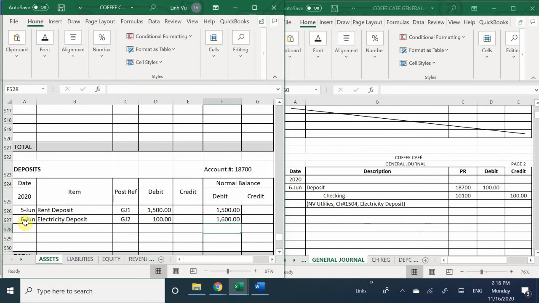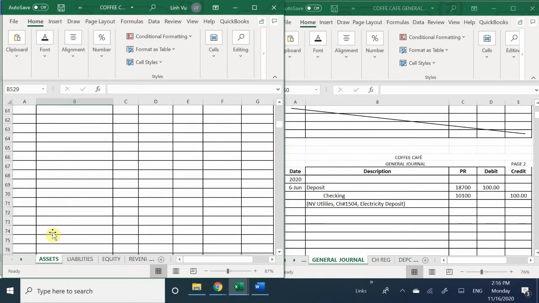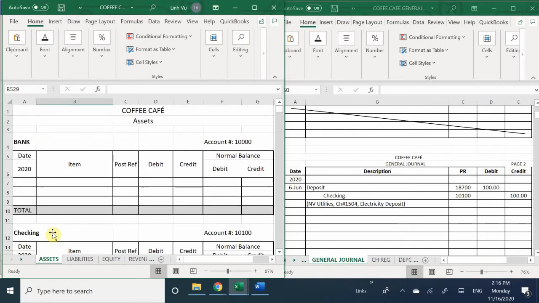Okay, so the last thing that we need to do is credit our checking account. Scroll all the way up, or you could press your home key and it will take you all the way to the very top.